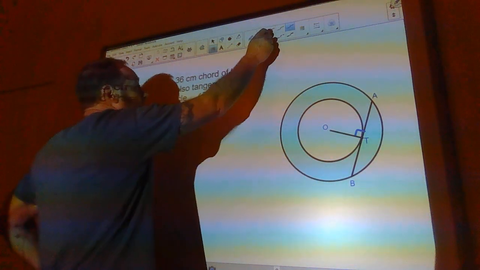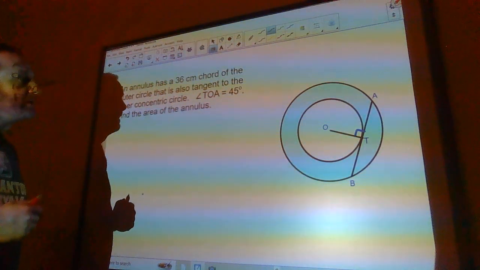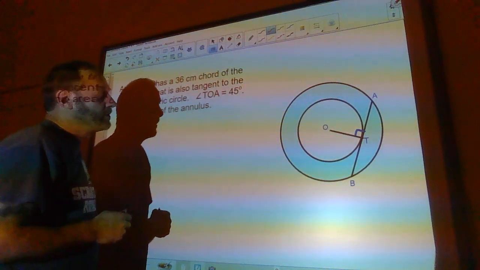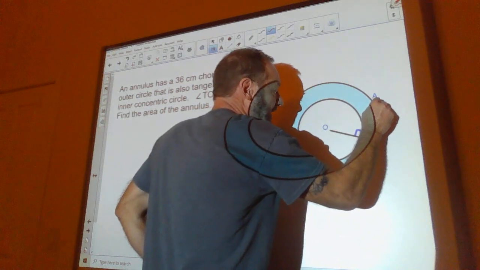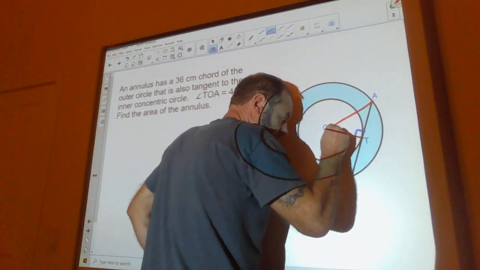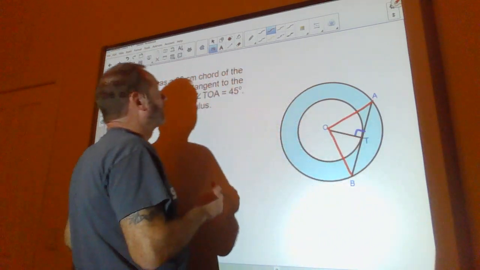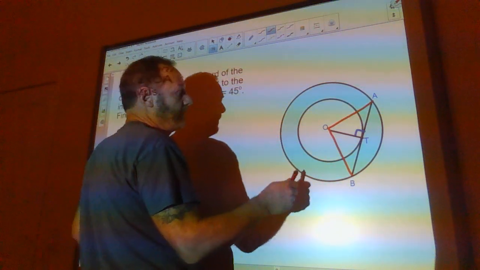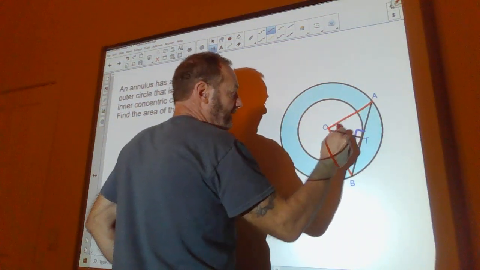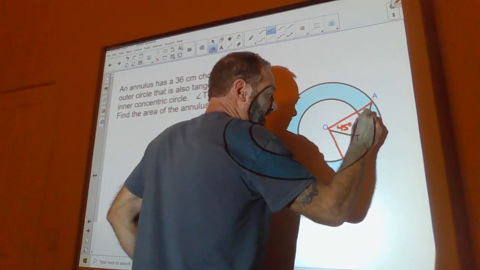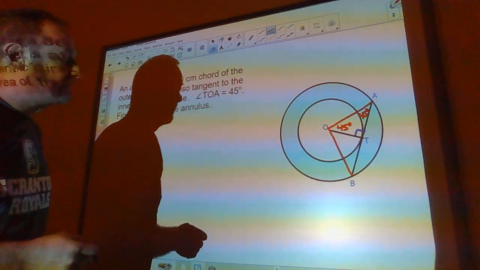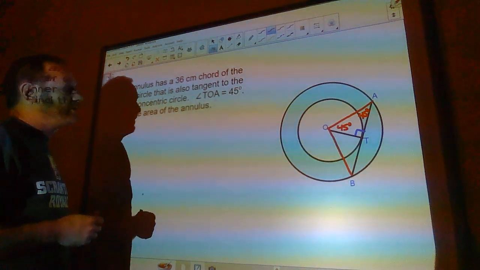Okay? Now, if that's a 90-degree angle, well, we also knew that angle TOA, this angle, is 45 degrees, which tells us that this angle over here is 45 degrees. That's a 45, 45, 90 right triangle.